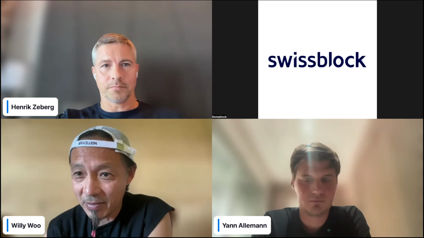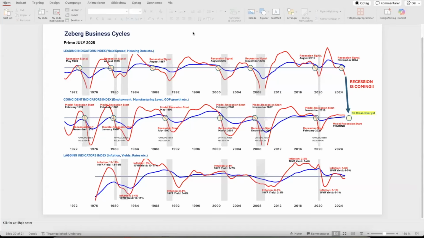For the great financial crisis of 2008, the model flashed recession in November 2007 after the market had topped in October 2007. Very close, but does that suggest that when the red line crossover happens in the coincident indicators index, the market is really likely to have already topped?